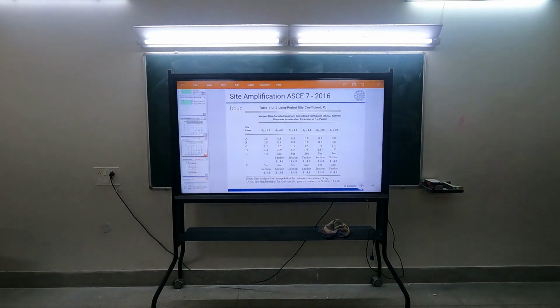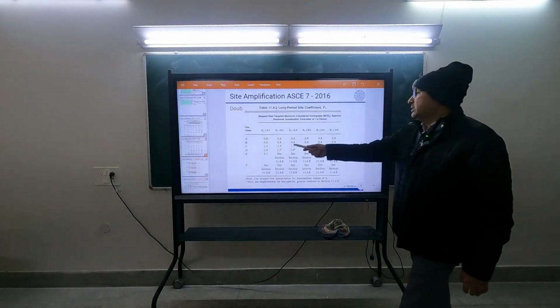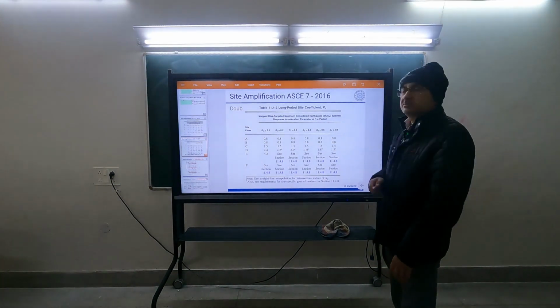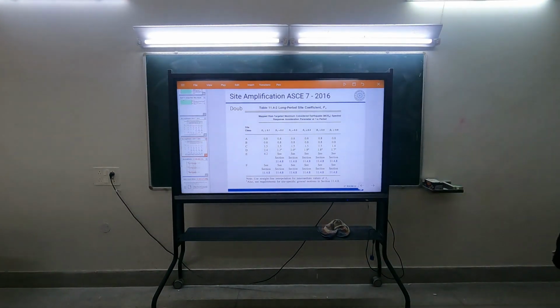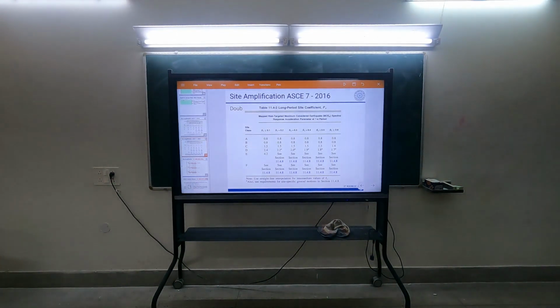Like what happened in Mexico City, okay? But you can also see that it is reducing with intensity of ground motion. So two things you observe. In long period, the amplification is higher as compared to short period. You agree?